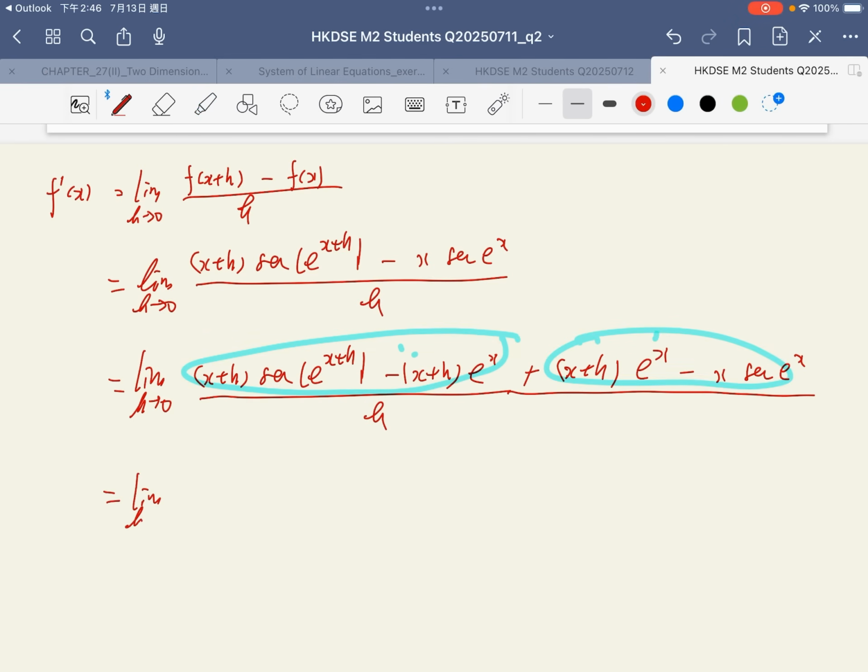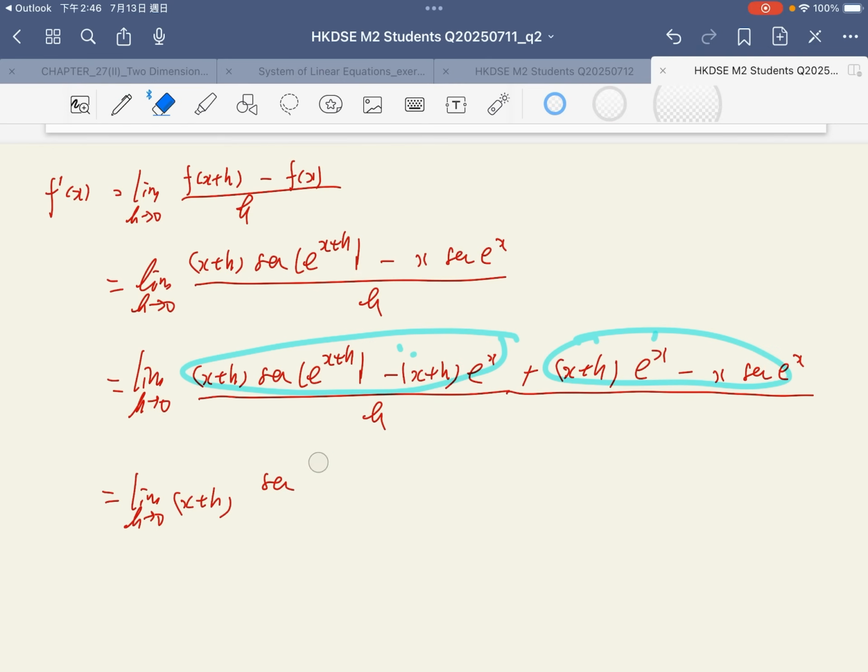Limit. You can see that this term can be factorized, (x+h) outside and secant e to the power x h minus... oh, sorry, I make mistakes always.